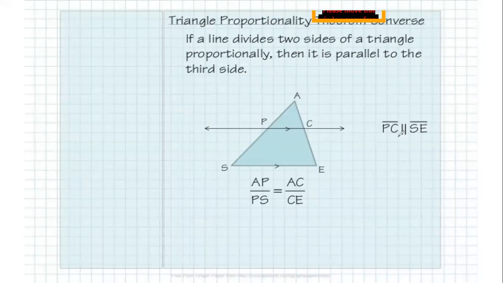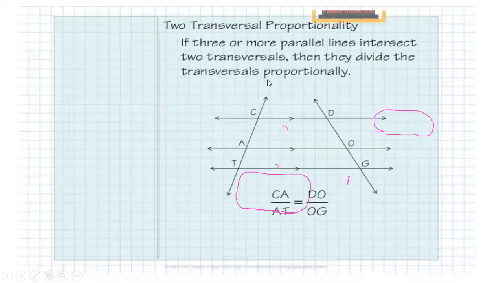You can see PC is parallel to SE, and the same notion holds: AP divided by PS is always equal to SC divided by CE. If this happens, that is what we call the proportionality law of triangles.